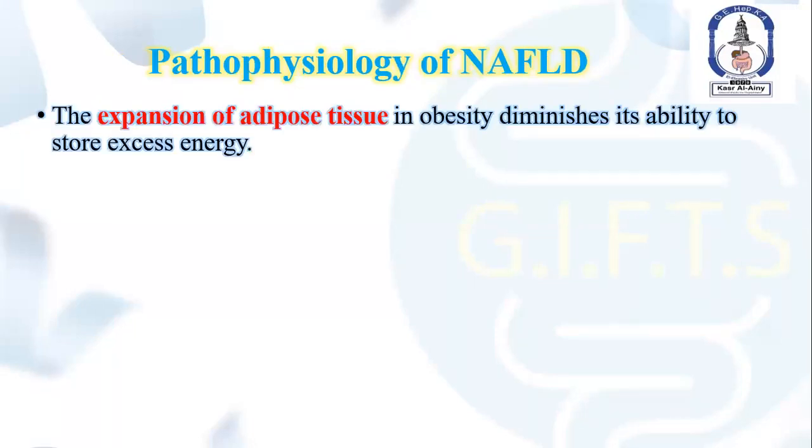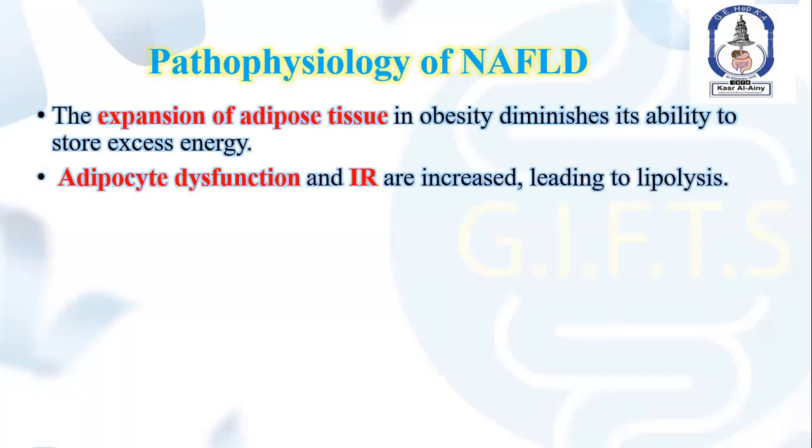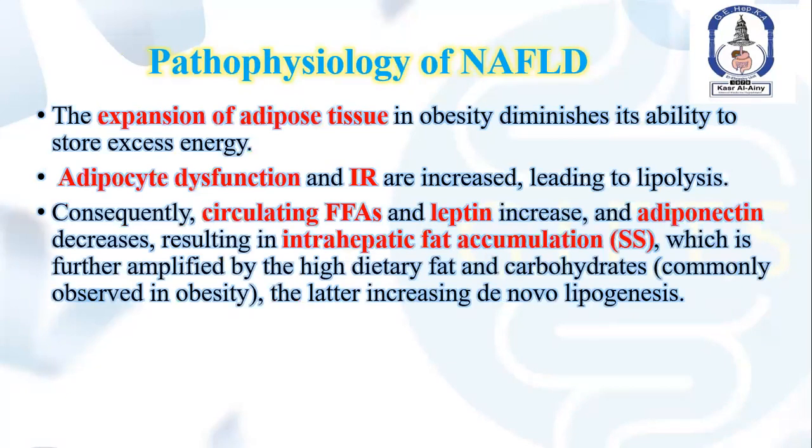The expansion of the adipose tissue in obese will diminish the ability to store the excess energy. Adipocyte dysfunction will develop, and insulin resistance will be increased, and this will lead to lipolysis.